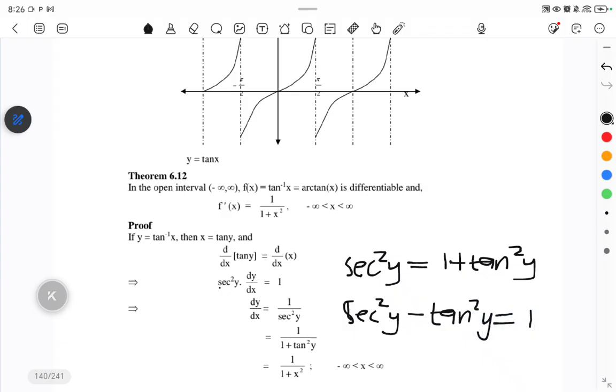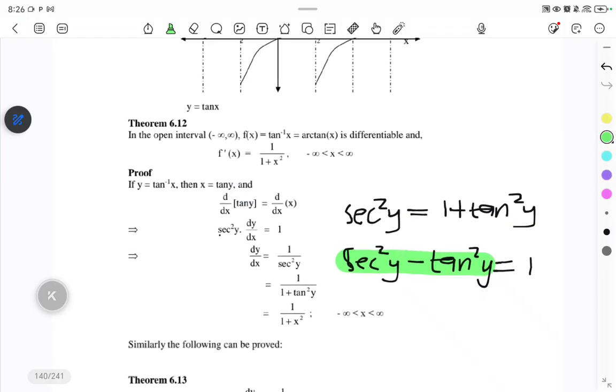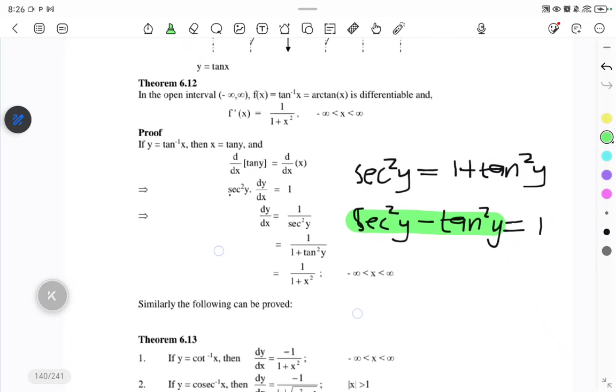So this is what you should know. If I make sec squared y, substitute the formula, tan squared goes to the other side, right? So this is what you should always know. This will occur for these intervals. Now check this.